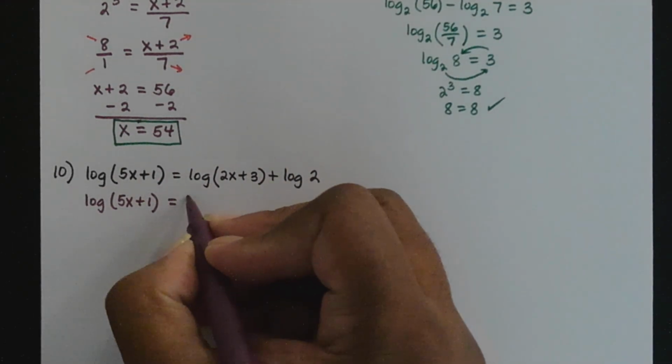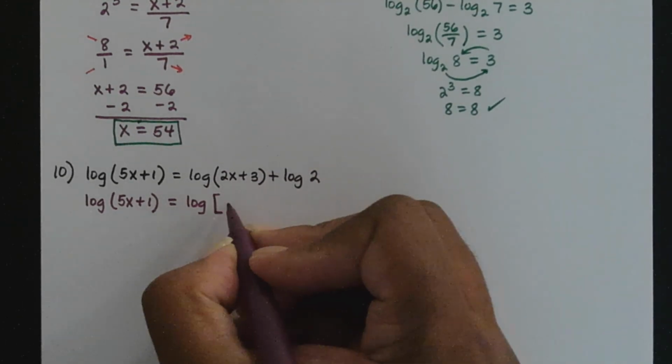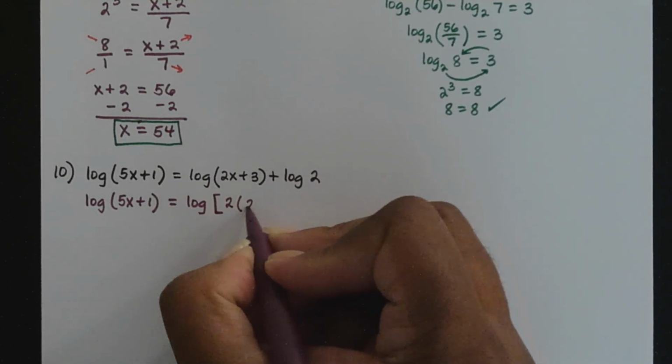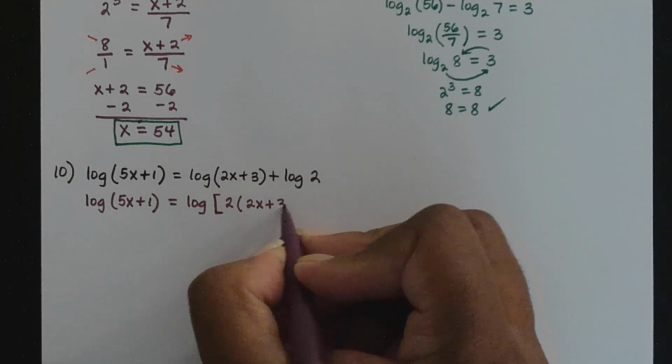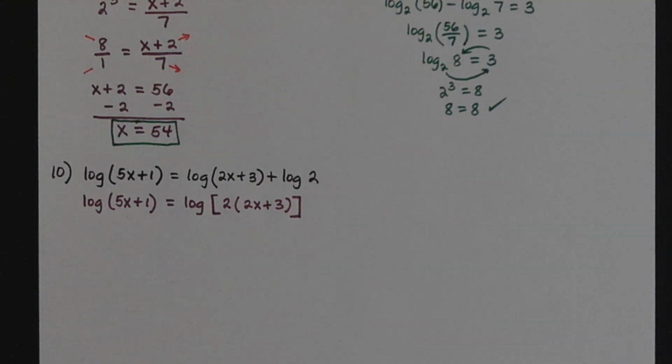So here, bring down that log. What I'm going to do is put this 2 in front of the 2x plus 3. That's what I do. 2 times the quantity 2x plus 3. Now, since I have the logarithm on both sides, I can use what they call the one-to-one property.